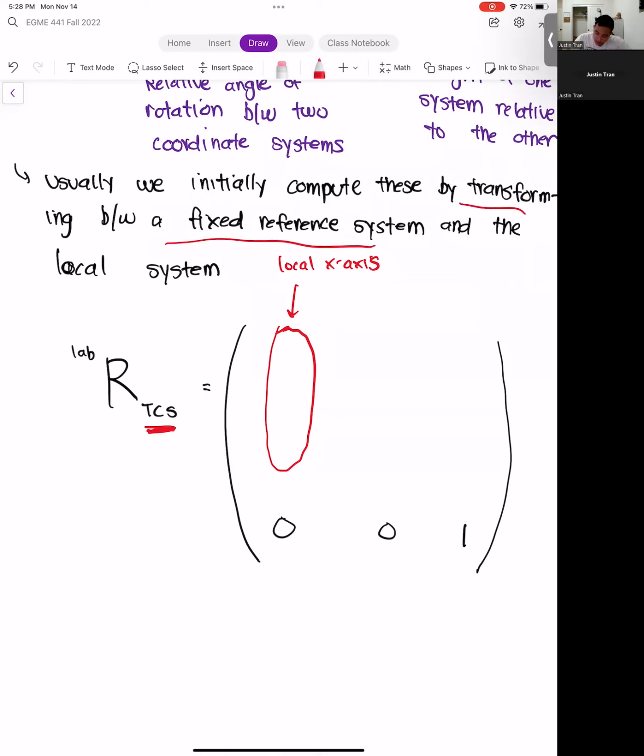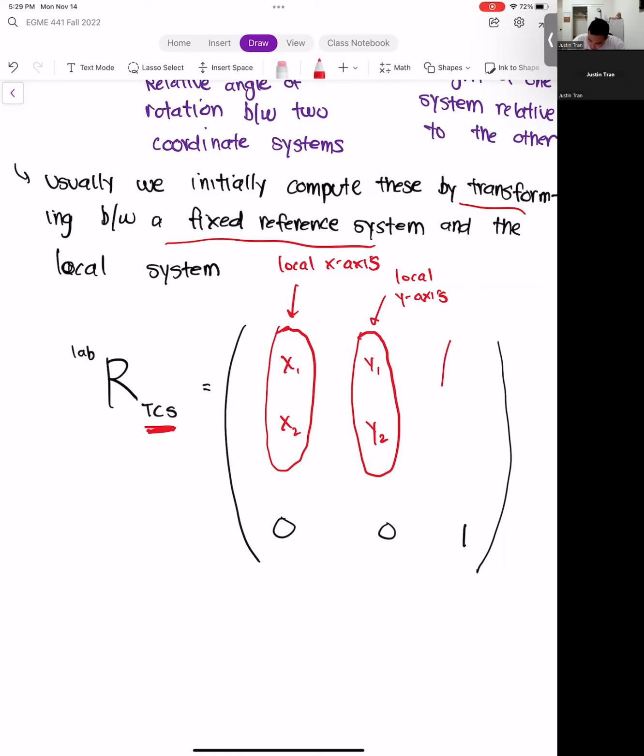That first column there is the local x-axis. This column right here is the local y-axis. We're going to define the local x-axis and local y-axis in terms of a vector, which is why we have x1, x2, y1, y2, because whenever you establish a vector, you need both components.